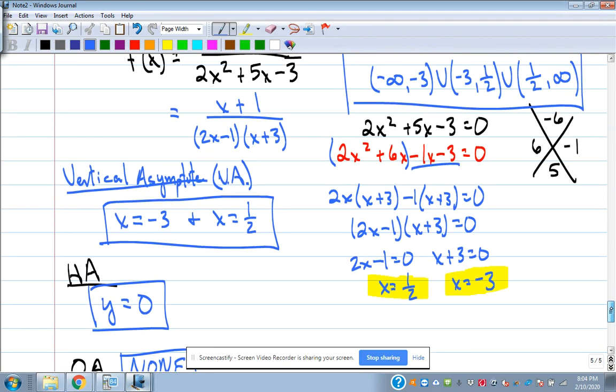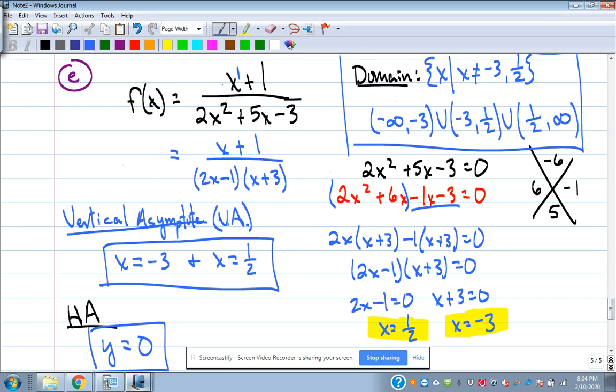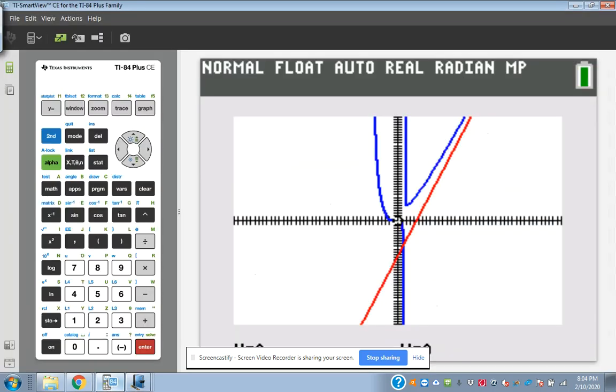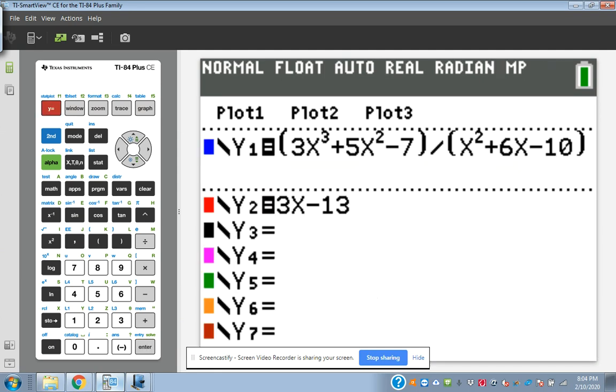So I'm going to go back to the original form and use it to type into graph since nothing's simplified. Technically, if you're looking at the graph, even if it did simplify, the graph of the simplified version and the graph of the unsimplified version are exactly the same. They will always be exactly the same. So when I look at the graph, I usually just type in the original anyway.